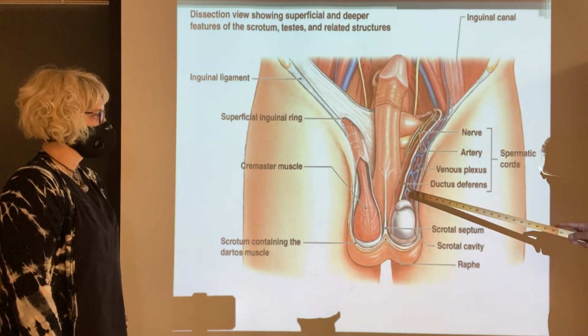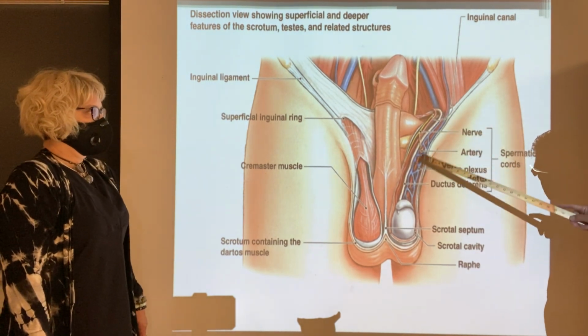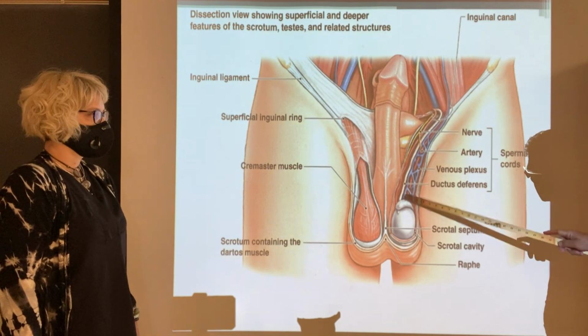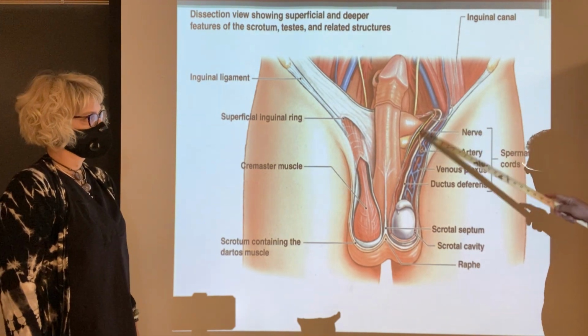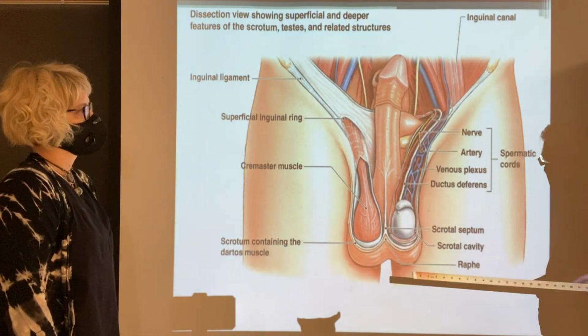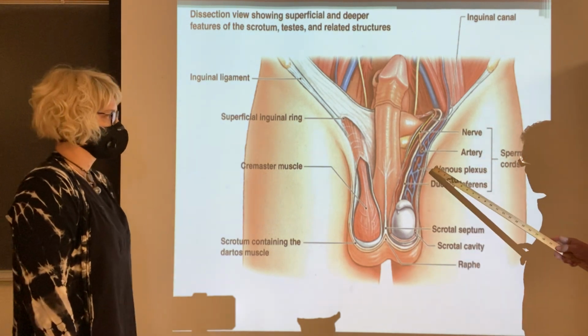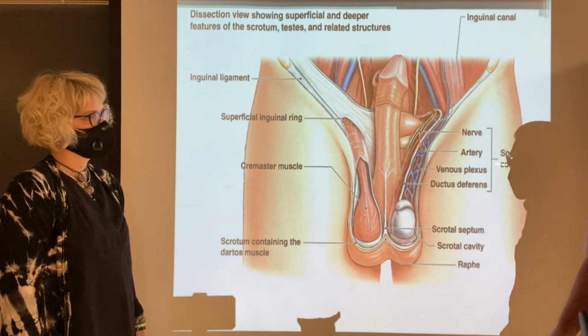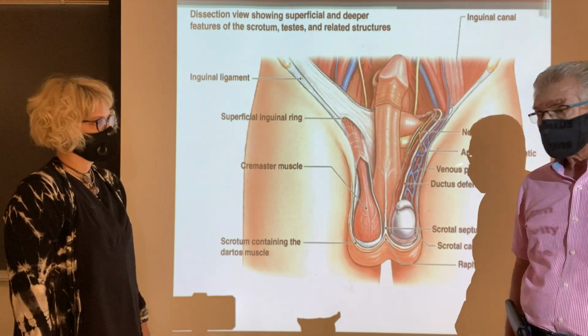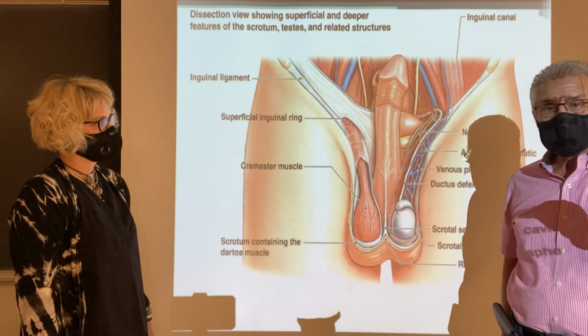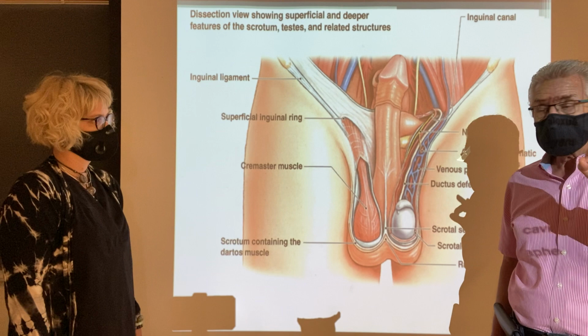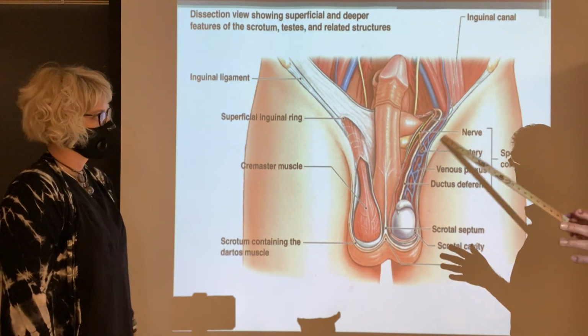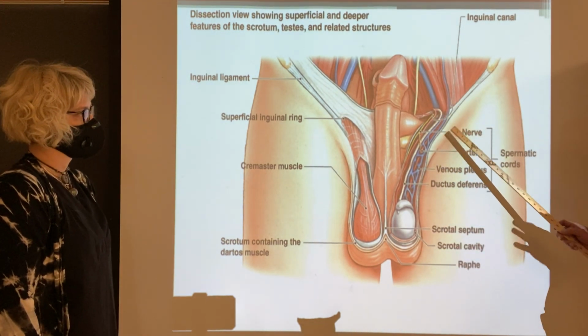In this region we also have arteries, nerves, and veins. Now, the veins are called the pampiniform plexus. Why is that such an important aspect?